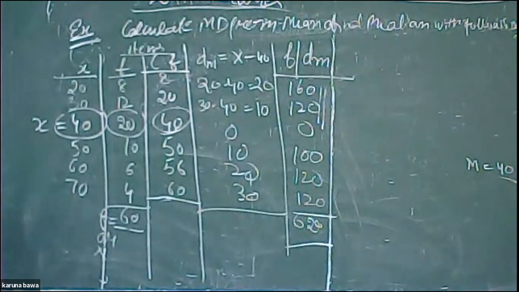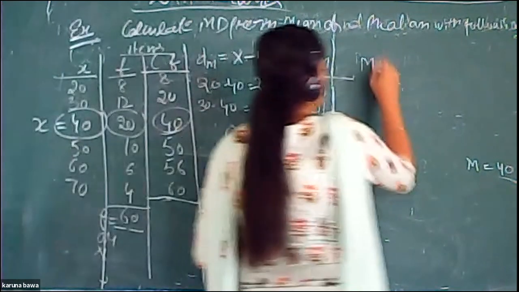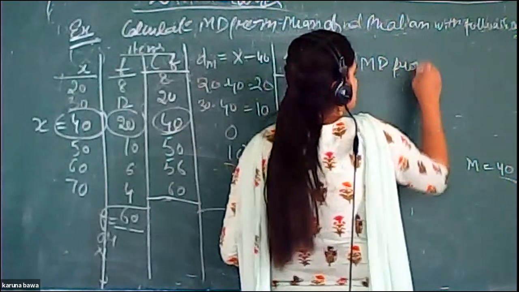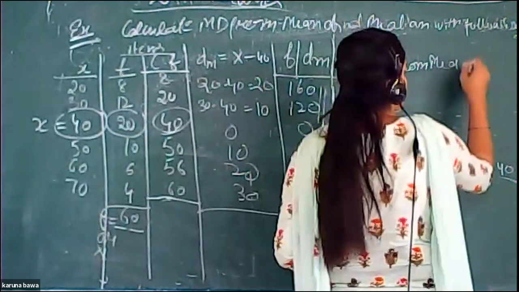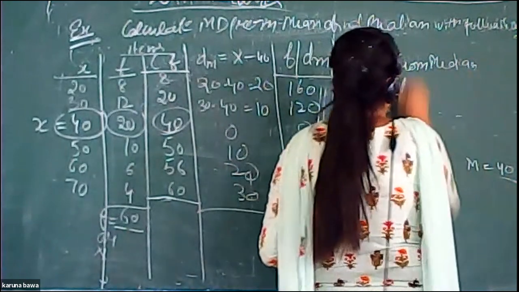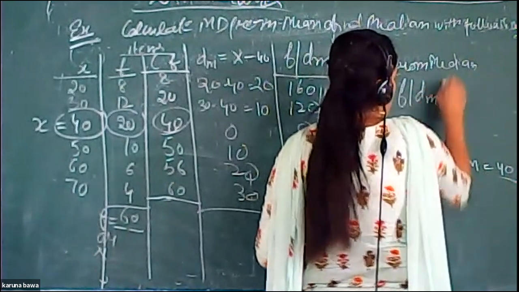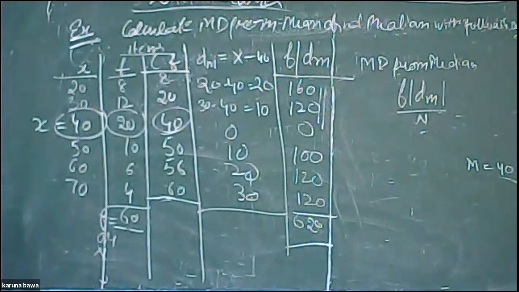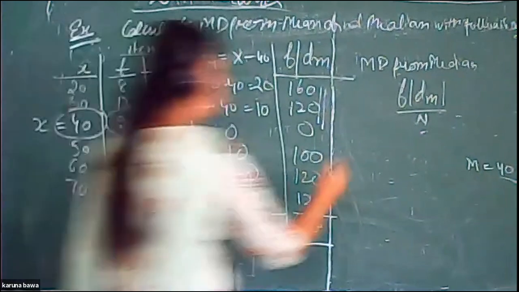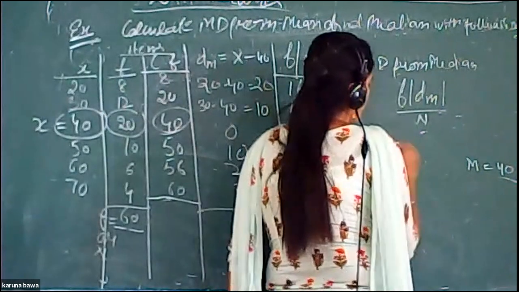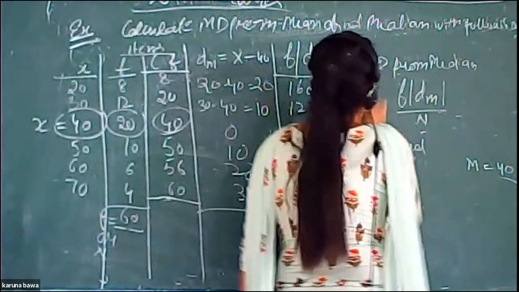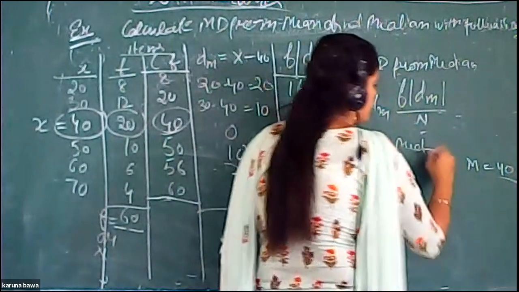So now, this is the formula of the discrete series for mean deviation from median, and the coefficient of mean deviation from median.